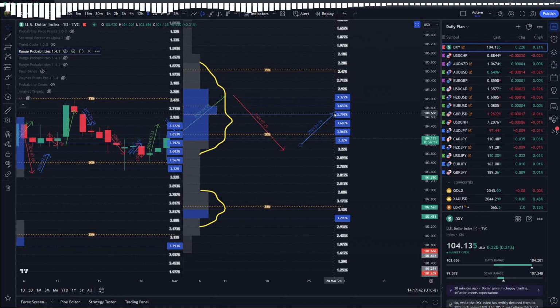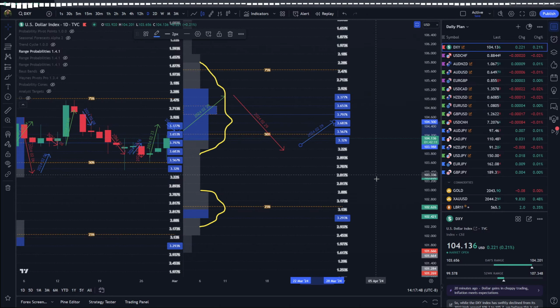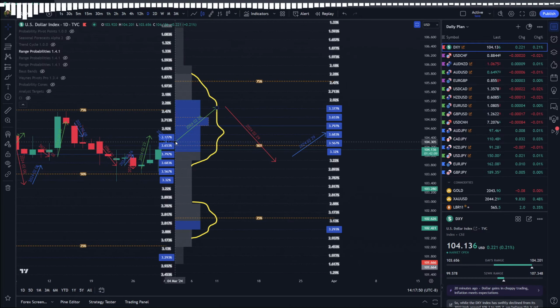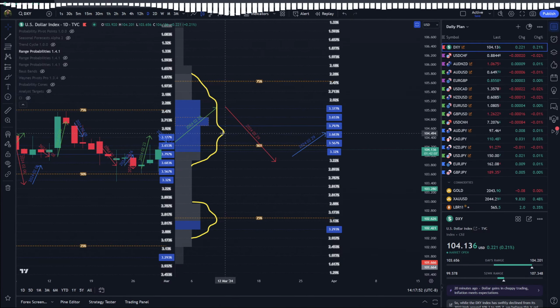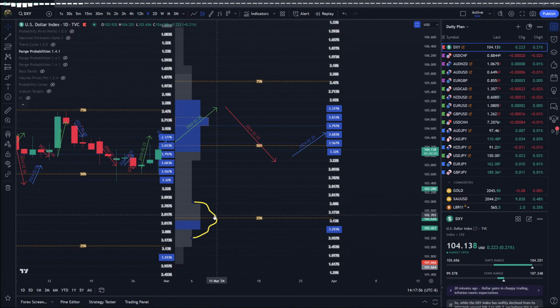But yeah, I'll go ahead and adjust this just a tad. So yeah, just something like this. This would be my net expectation going into the month ahead.